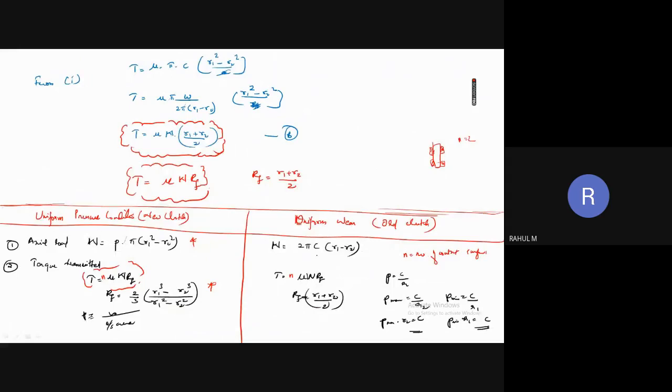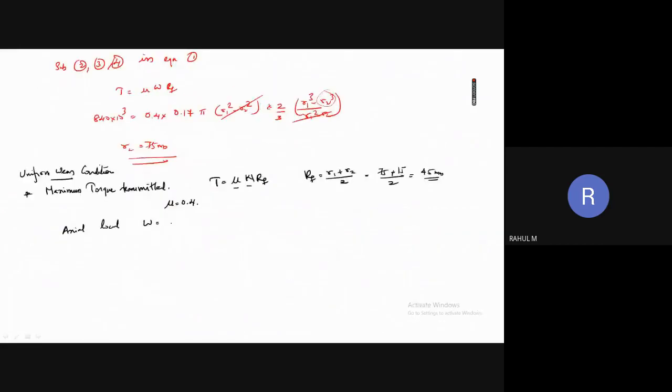For uniform wear condition, it's actually W equals 2π C into (R1 minus R2).